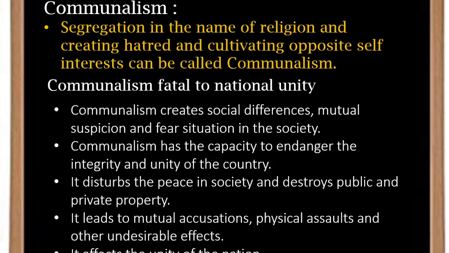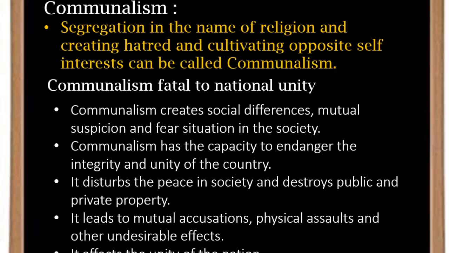Without communal harmony, without active cooperation, involvement of the people, where people follow their own religion, but they also respect other religions. This is very essential while keeping the unity of the country.